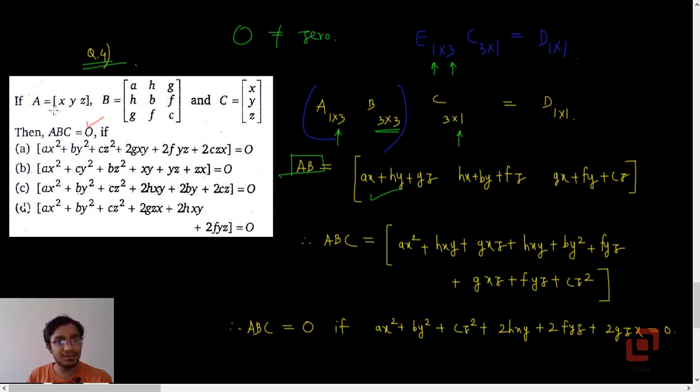Second will be HX plus BY plus FZ, and the third one will be GX plus FY plus CZ. So this is our E, and then you can post multiply this by C. Then eventually you will get AX squared plus HXY plus GXZ plus HXY plus BY squared plus FYZ plus GXZ plus FYZ plus CZ squared.